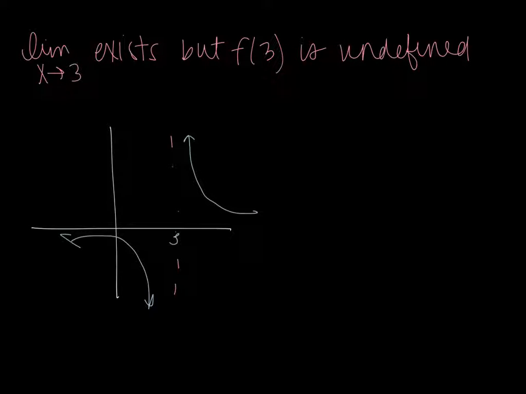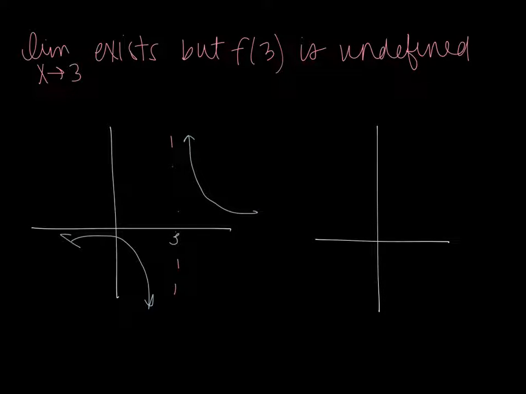Next question had you drawing a graph where the limit as x approaches 3 exists, but f of 3 is undefined. Some of you gave really great graphs, although some of you who gave this graph, you did not meet the conditions. Because although f of 3 is undefined, the limit as x approaches 3 does not exist because it's going off to positive infinity from the right and to negative infinity from the left.